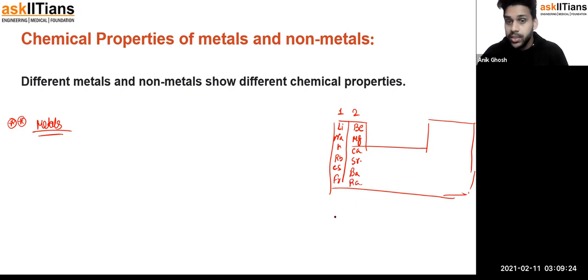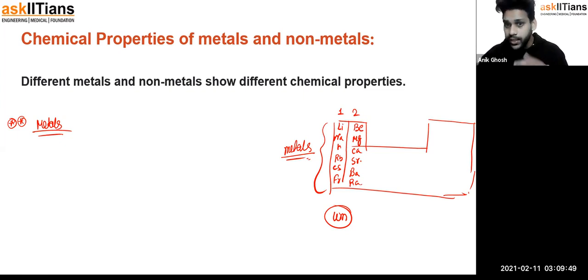Just remember one thing. The element name that ends with "-um" is a metal. Like lithium, sodium, potassium, rubidium, cesium, francium, all of them contain it in the name, isn't it? For that reason, we call them metals. Clear? Now, what is the speciality of the metals?